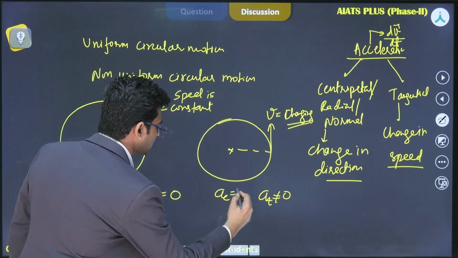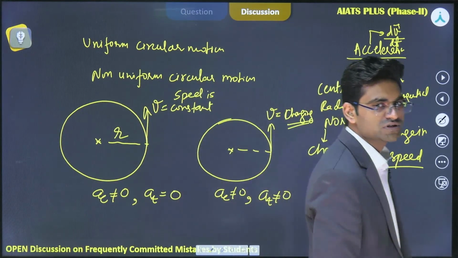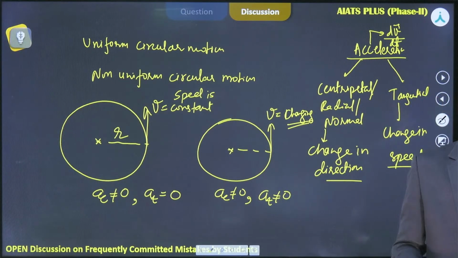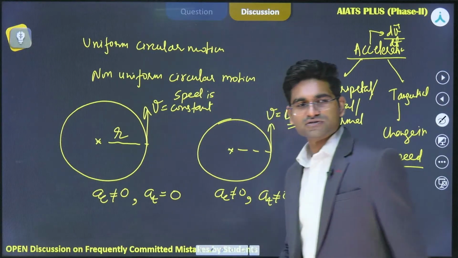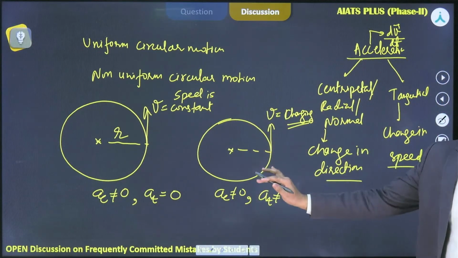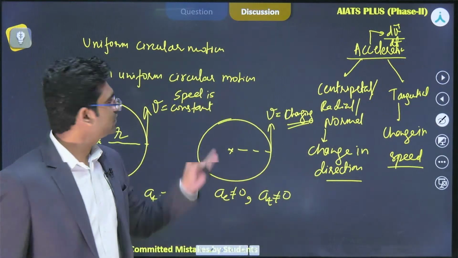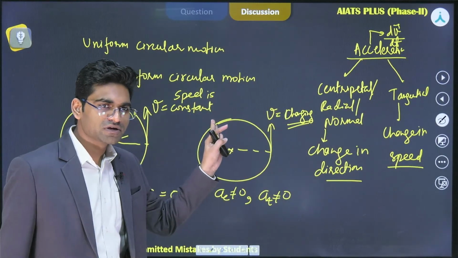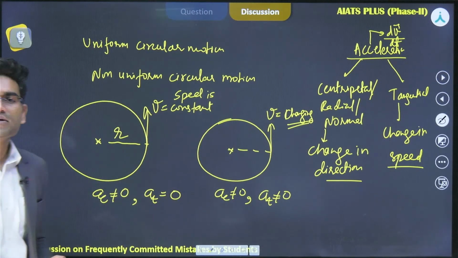Centripetal acceleration is again non-zero, because in non-uniform circular motion also the direction is continuously changing. So AC is non-zero and AT is also non-zero. Are you getting this differentiation between uniform and non-uniform circular motion? All right.